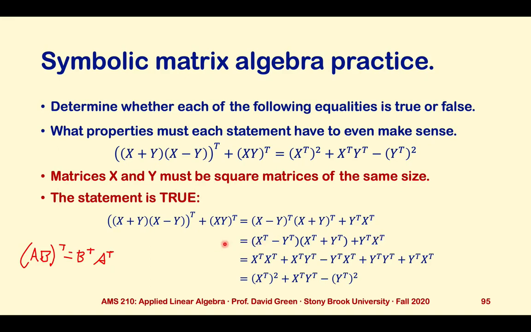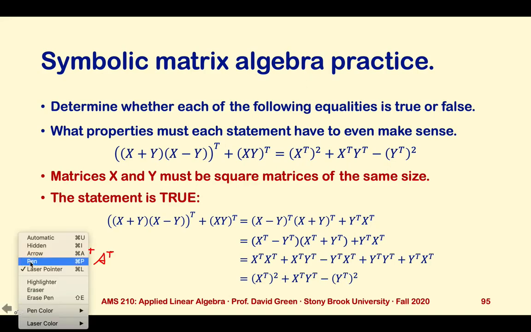We then apply this matrix product just as we did in the last example using the distributive property of matrix multiplication. X transpose times x transpose plus x transpose times y transpose minus y transpose times x transpose minus y transpose times y transpose. There's a little typo there that I will fix in the slides.